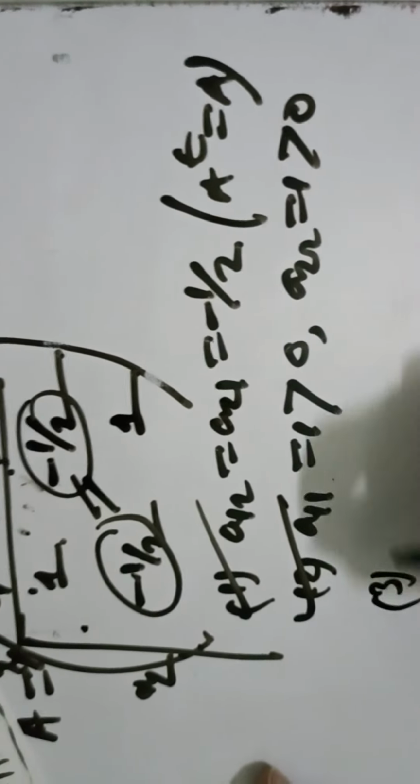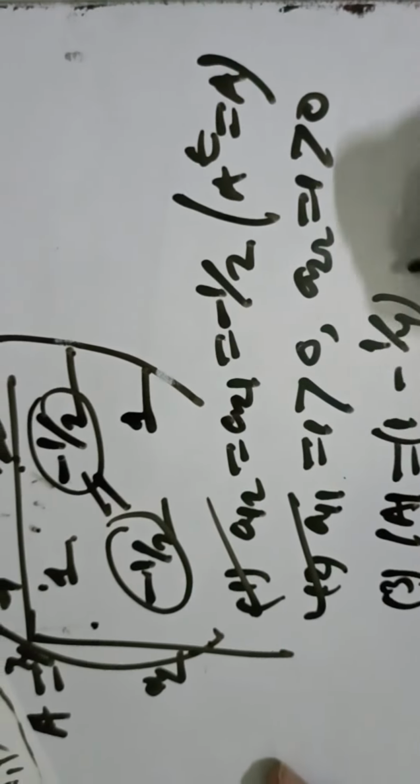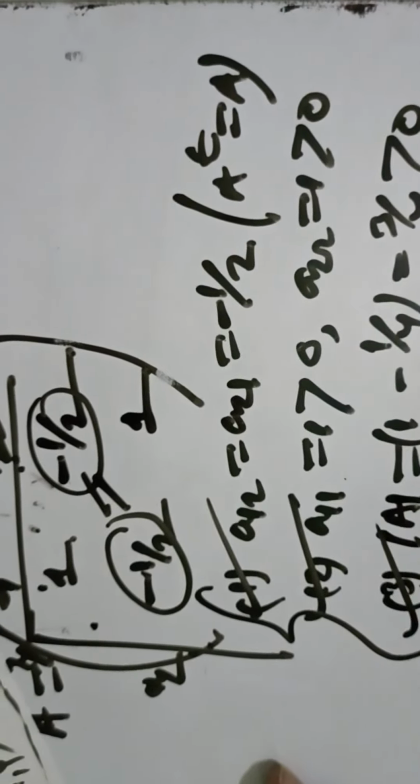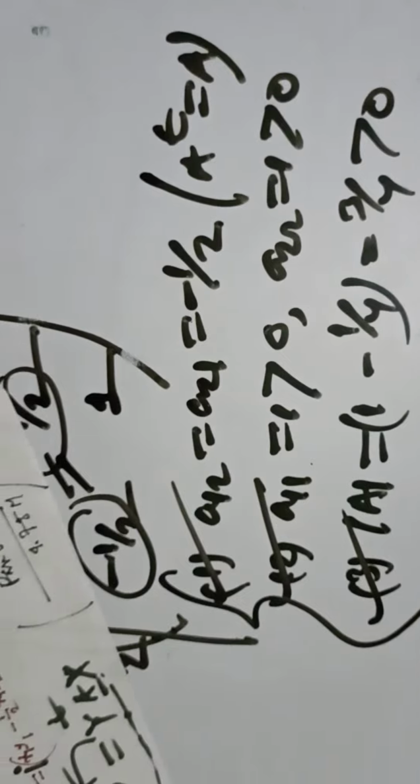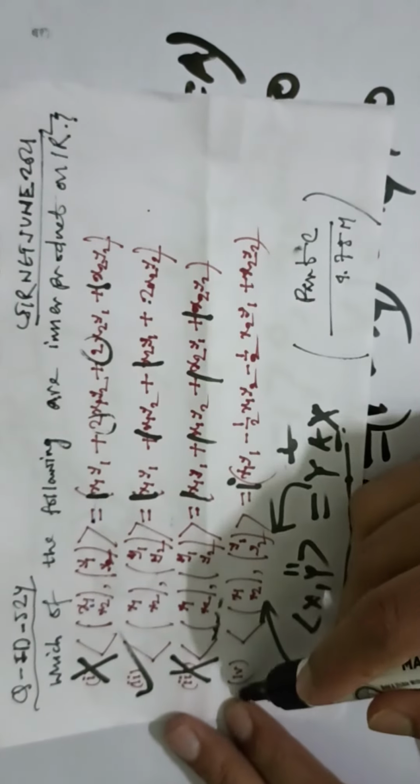Third condition: the determinant is 1 minus 1 by 4, which means 3 by 4, positive. So all conditions are satisfied. Using the result we can say the fourth option is correct, and this forms an inner product.